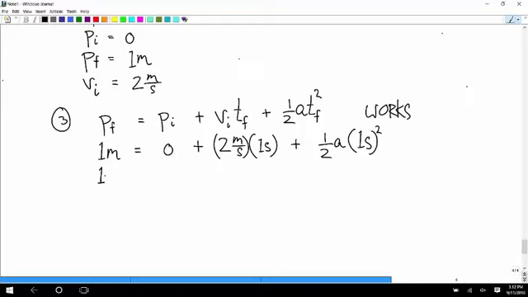So this says 1 meter is equal to, notice these 2 seconds cancel. If you want, you can write out each piece in that bar notation and cancel stuff. But so 1 meter is equal to 2 meters plus 1/2 a times 1 second squared.